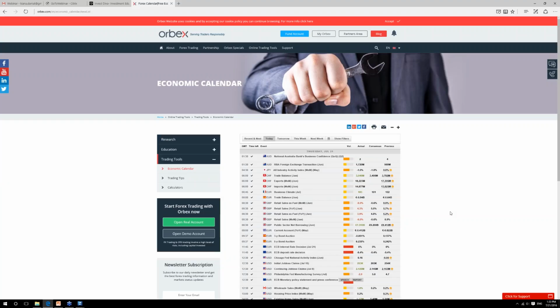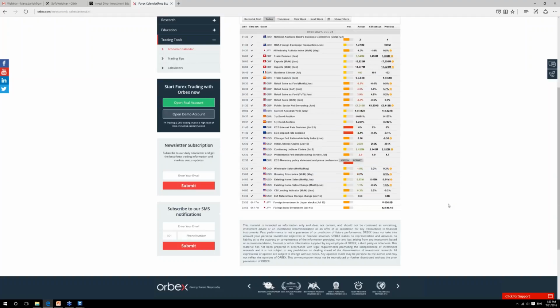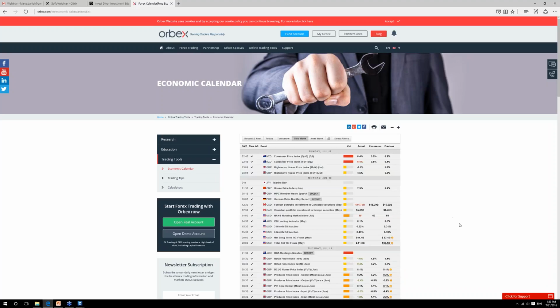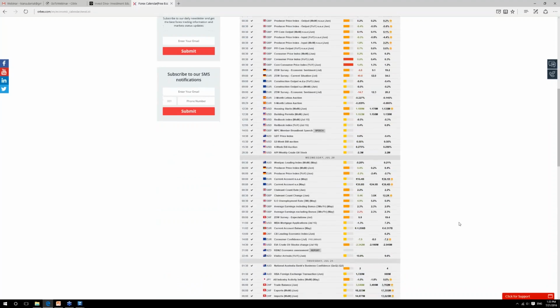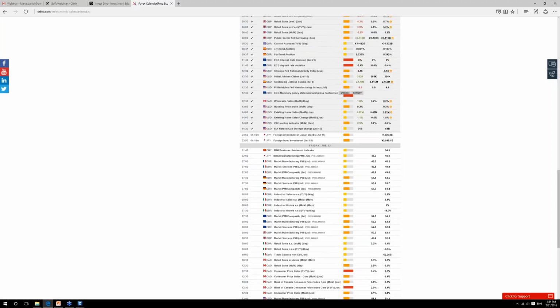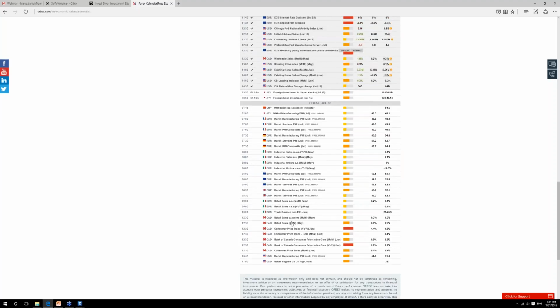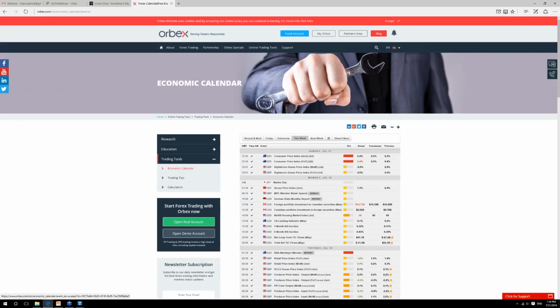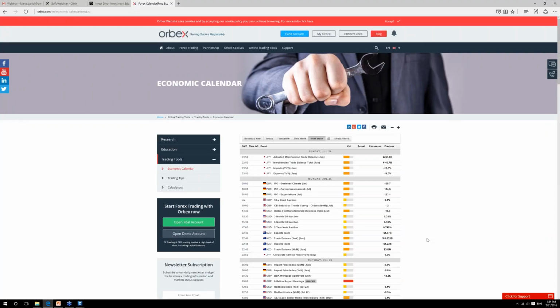We have the economic calendar over here, and from Australia, this week, this was Sunday, today is Thursday, July 21st, and we already had the business confidence from Australia, which actually wasn't as good. It shrank to 2, and coming up this week, we don't have any more Australian reports. Let's see what's going to happen next week.